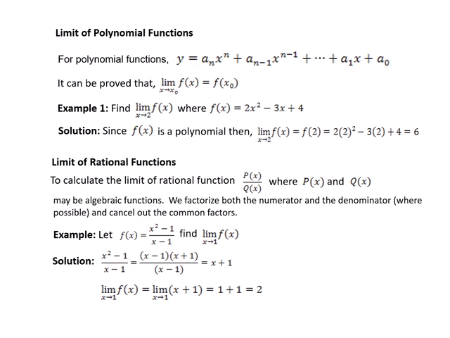Looking at it, s minus 1 cancels out s minus 1 on the denominator side, so we are left with s plus 1. From here, you substitute the value of s given, which is 1, wherever you find s. The answer is 1 plus 1, which is equal to 2. That is for rational functions.